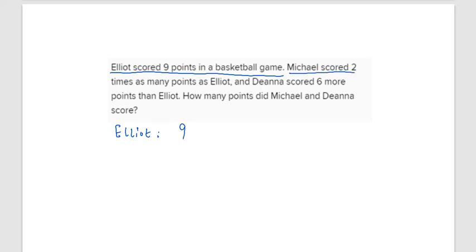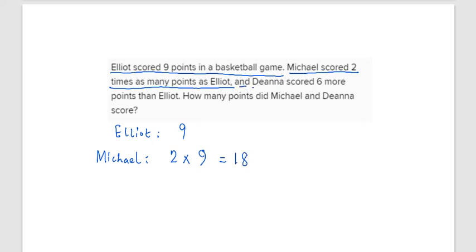Michael scored 2 times as many points as Elliot. So for Michael, who had 2 times as many points as Elliot, and Elliot has 9, we have 2 multiplying 9 is 18.